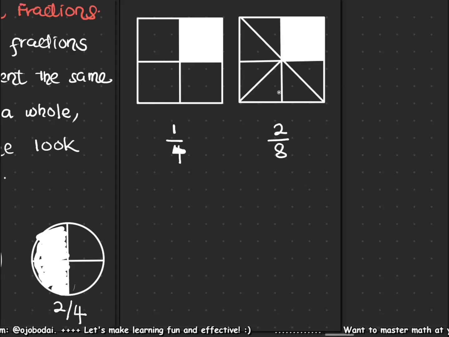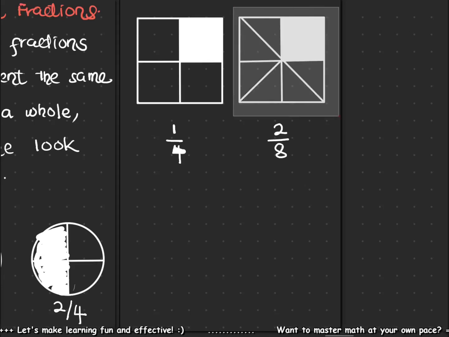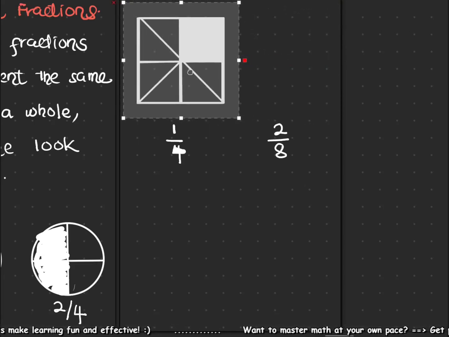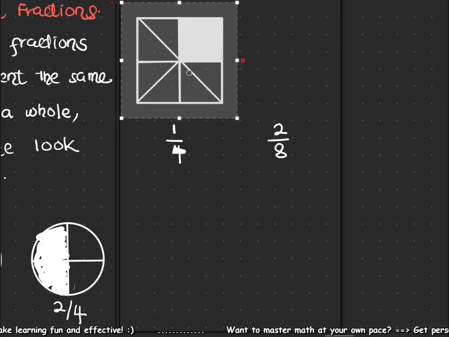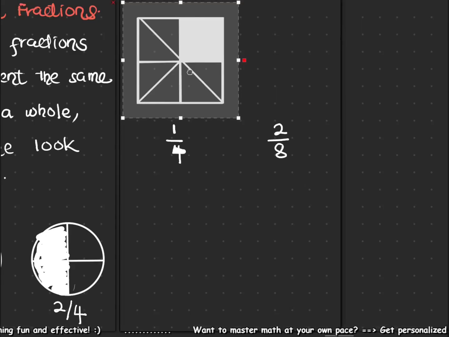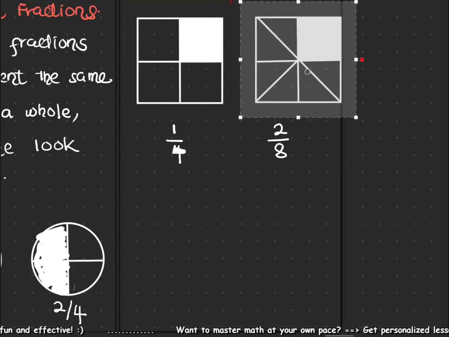But we can see that their representations actually look the same. You see, they all look the same, to the extent that if I pick this here and put it on this, we are going to get the same thing. I hope you do see that. So this was the second one.